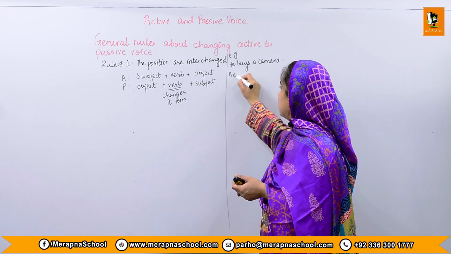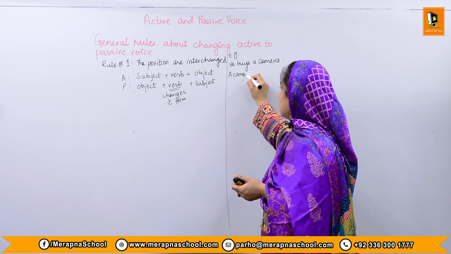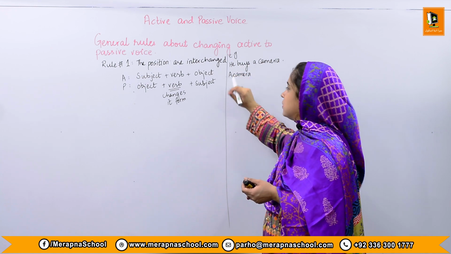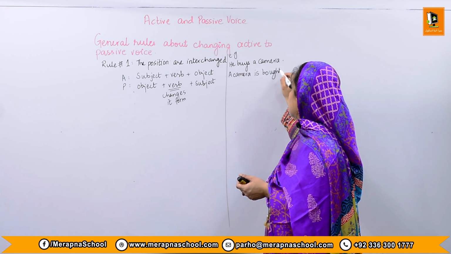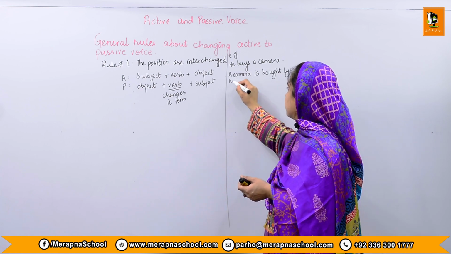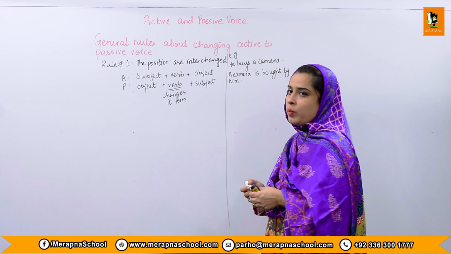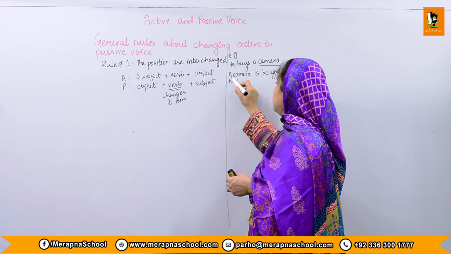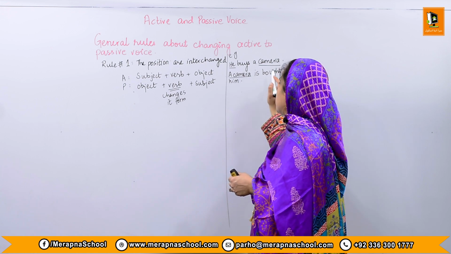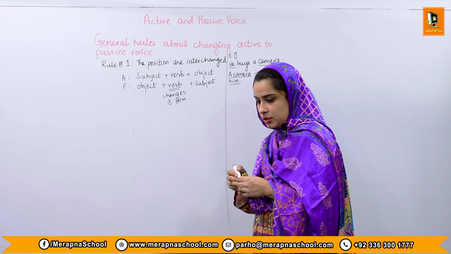A camera, and this is in the present tense, so, is bought by him. So this is your rule number 1, that you have to change the positions of subject and object. They are interchanged. The subject becomes your object and your object becomes your subject.